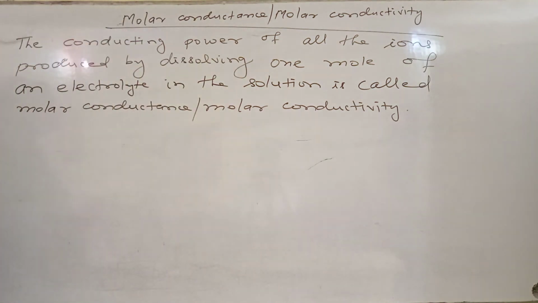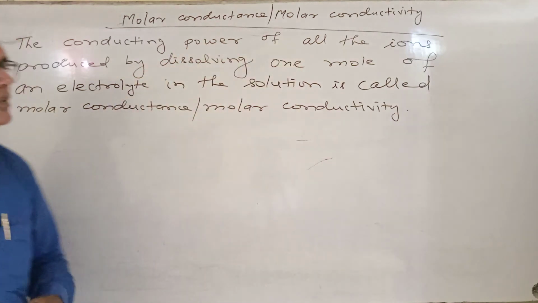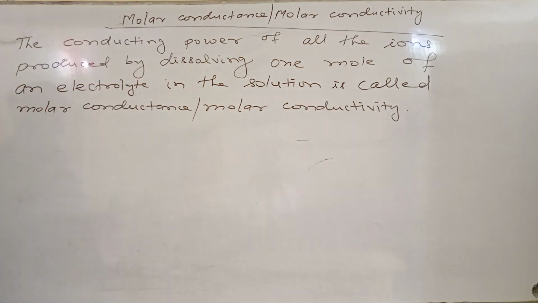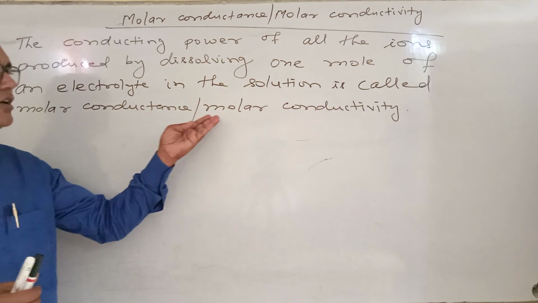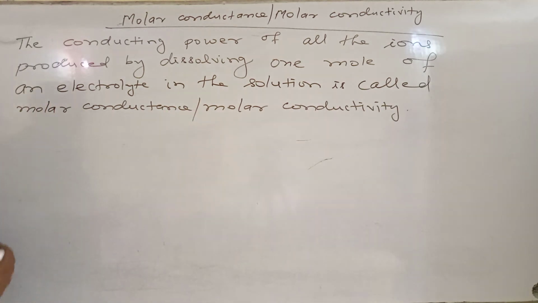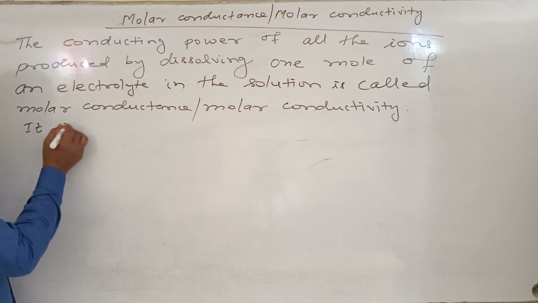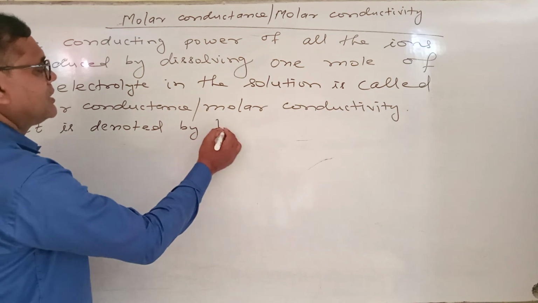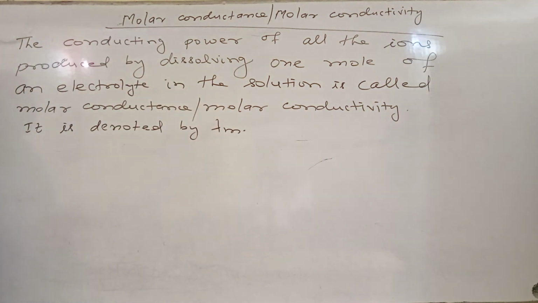We write the definition of molar conductance or molar conductivity. It is denoted by lambda m. The symbol of molar conductance or molar conductivity is lambda m.